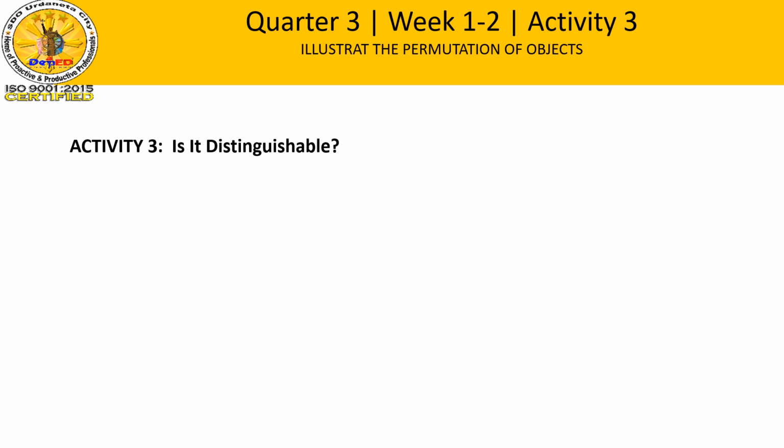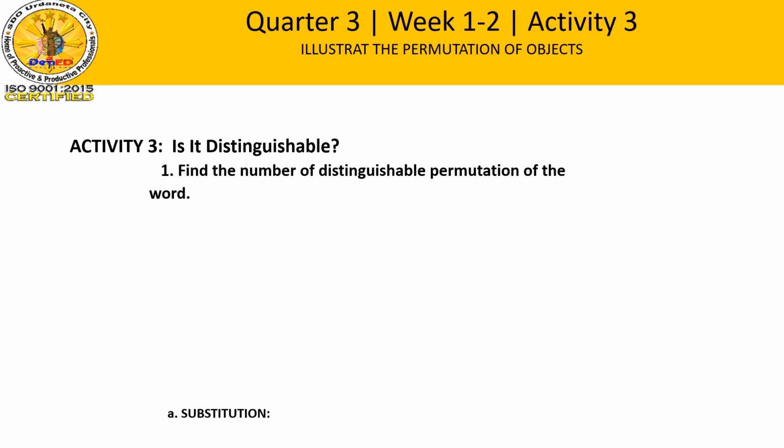Okay, activity 3. Is it distinguishable? Find the number of distinguishable permutations of the word substitution. So we have the number of objects, 12, and there are 2 s, 2 u, 2 i, and 3 t.